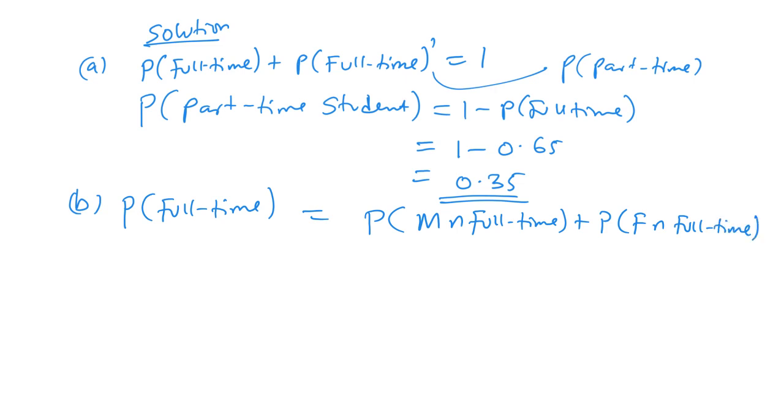And this probability was given for a full-time student, 0.65. The male that are full-time students make 35%, this is 0.35, plus the probability of female and full-time.